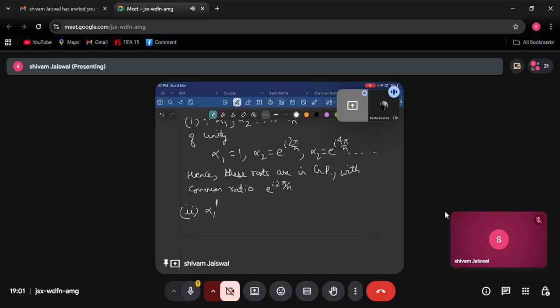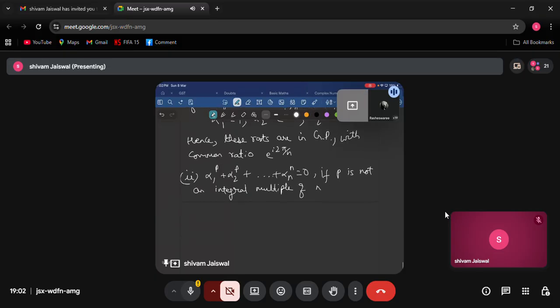Number 2. Alpha 1 to the power p plus alpha 2 to the power p plus dot dot plus alpha n to the power p is equal to 0, if p is not an integral multiple of n.